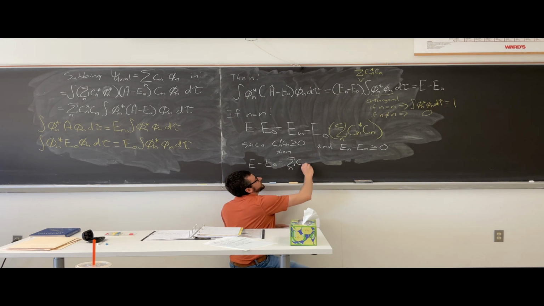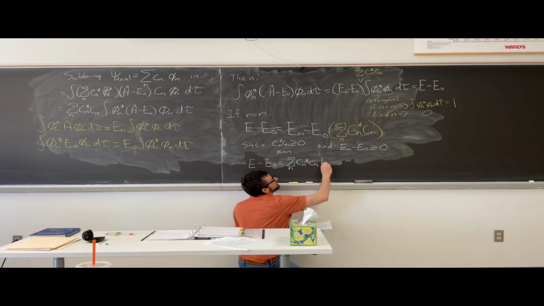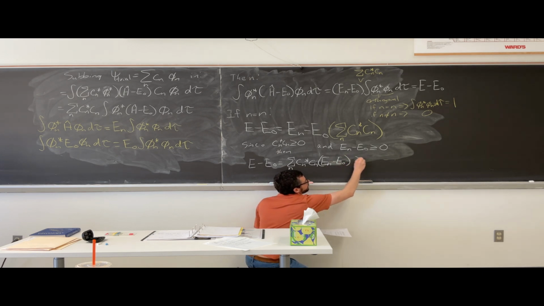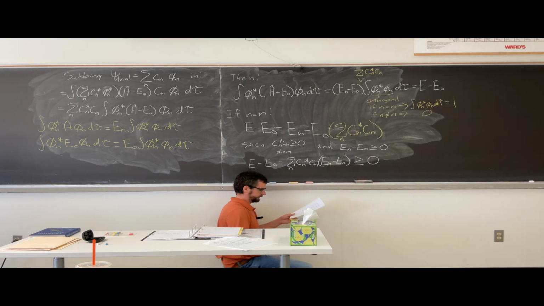Summation over n of Cn star Cn times (En minus E naught) all has to be greater than or equal to 0.